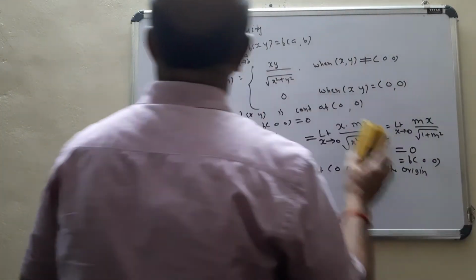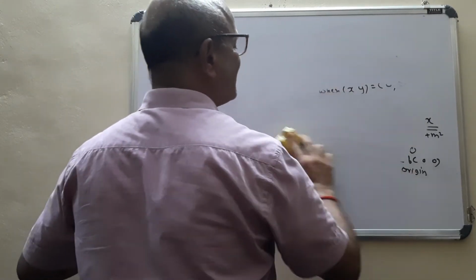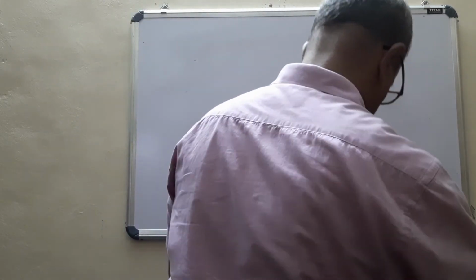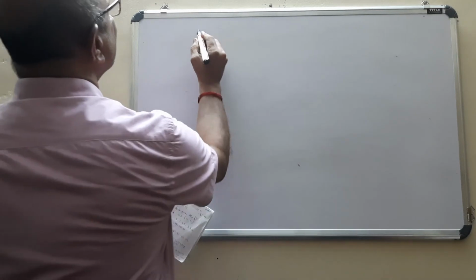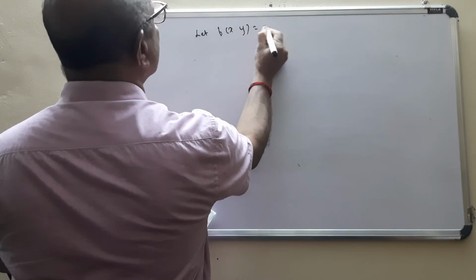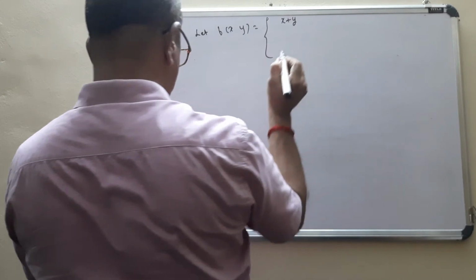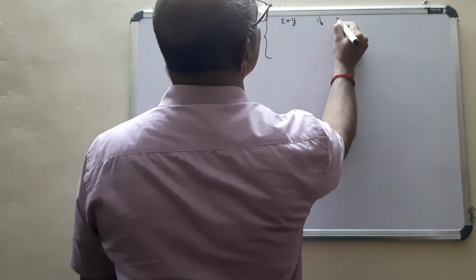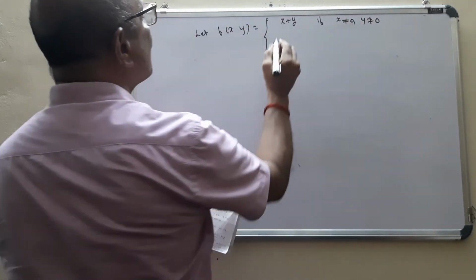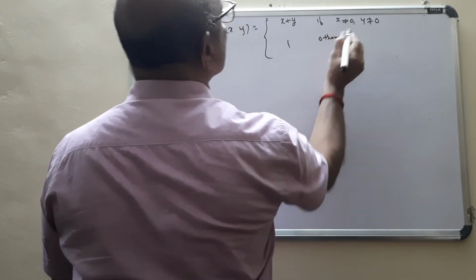Now I'll try to solve one more problem. The problem is like this. Let f of xy be equal to x plus y if x is not equal to 0, y is not equal to 0, and 1 otherwise.